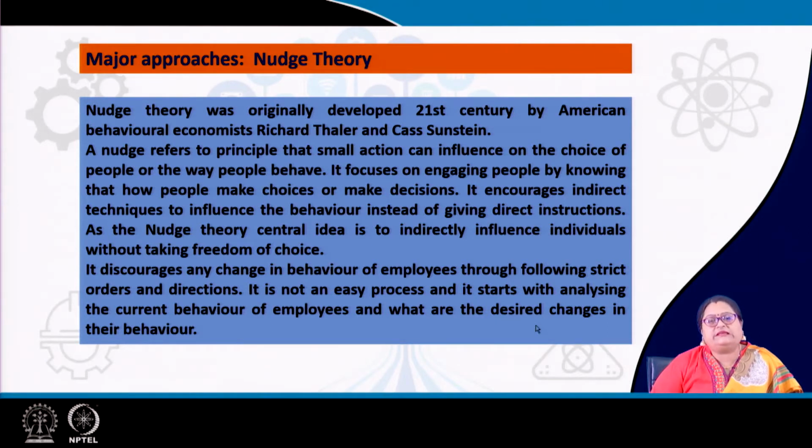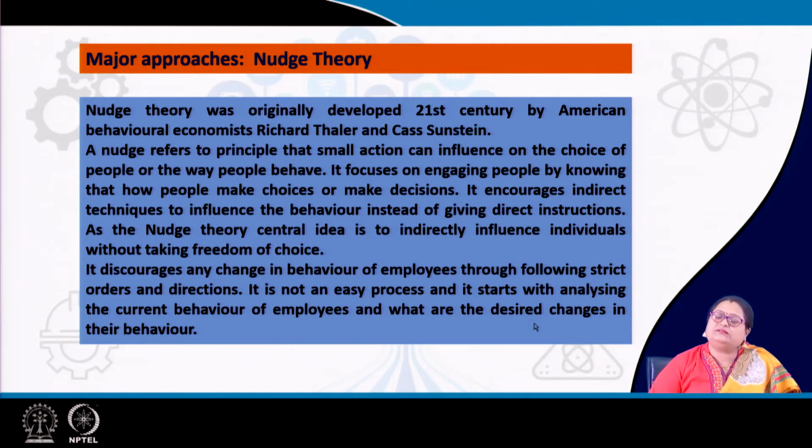It is not a very easy process to follow nudge theory or to nudge people properly. It starts with analyzing the current behavior of employees and the desired changes in their behavior. So, if we have to apply nudge techniques, we have to understand in detail the current behavior of the employees, what the desired changes in their behavior are, what the preferred way of acting is for that person, and how the person decides under what situations.